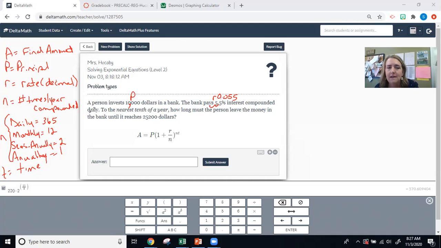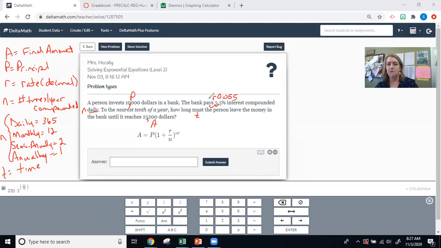So daily, this is my N, and that's going to be 365. Make sure you take notes and you write this down. How long, we're looking for time, must the person leave the money in the bank until it reaches 25,200. That's my A, my final amount.